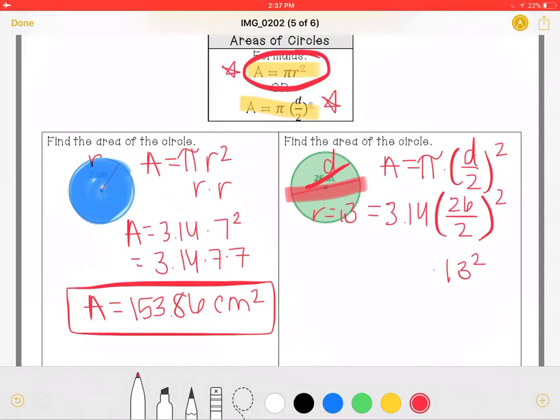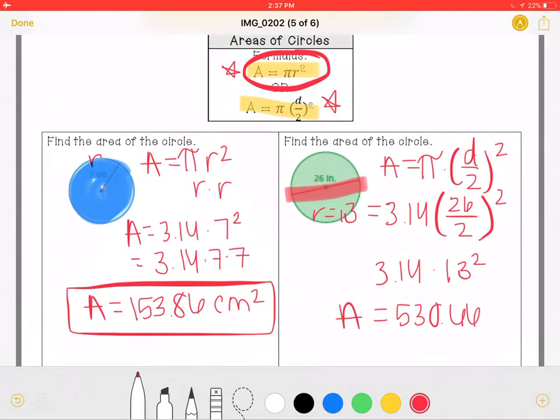So now we're squaring 13 and we still have to multiply it by 3.14. So 13 times 13 is 169. 169 times 3.14 gives you an area of this circle of 530.66. And let's see what our units are again.